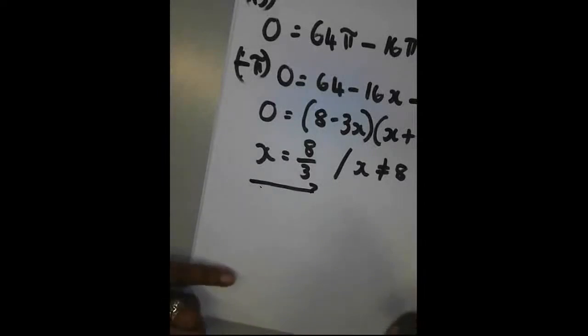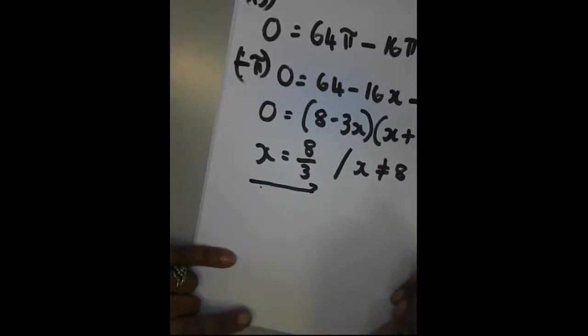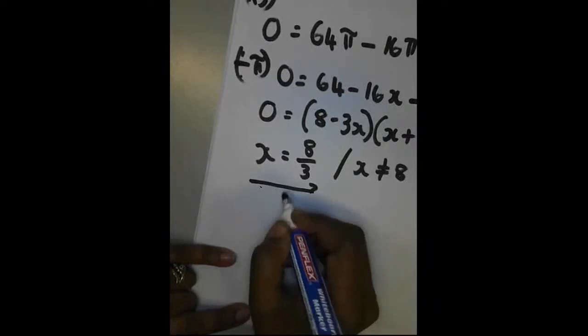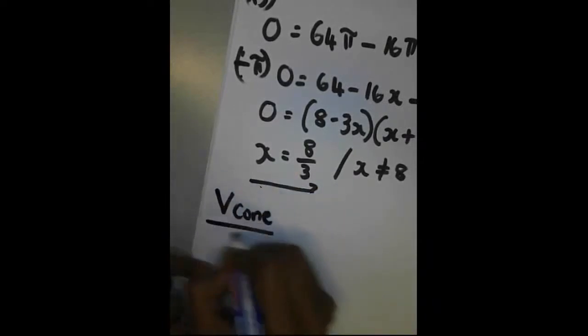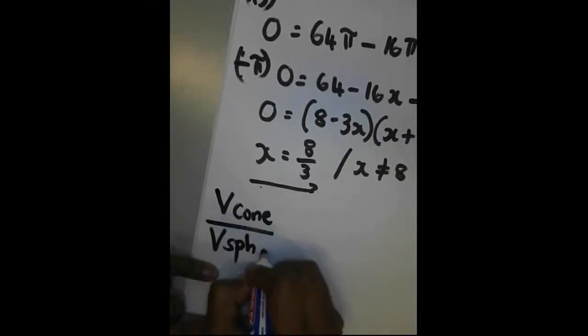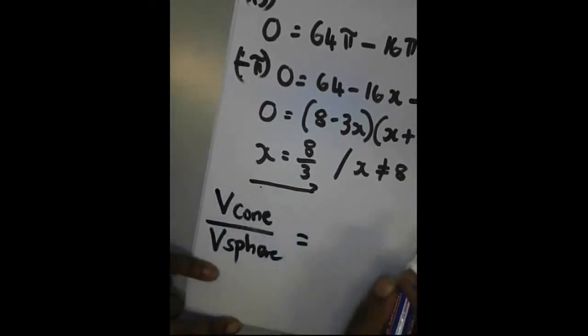So if I want to know the ratio between the largest cone and the sphere, I'm going to take the cone and put it on top. So what does it become? If I look at the volume of the cone divided by the volume of the sphere, so what is the volume of the cone?